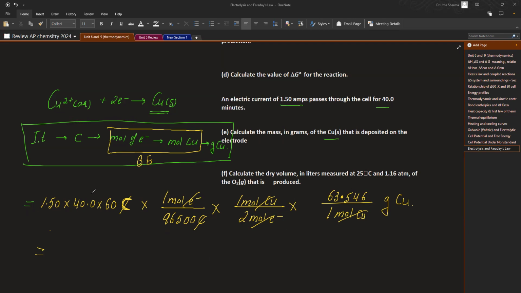Answer will be in 3 significant figures, children. So 1.19 gram. Everybody has understood this? Very popular questions and not difficult.